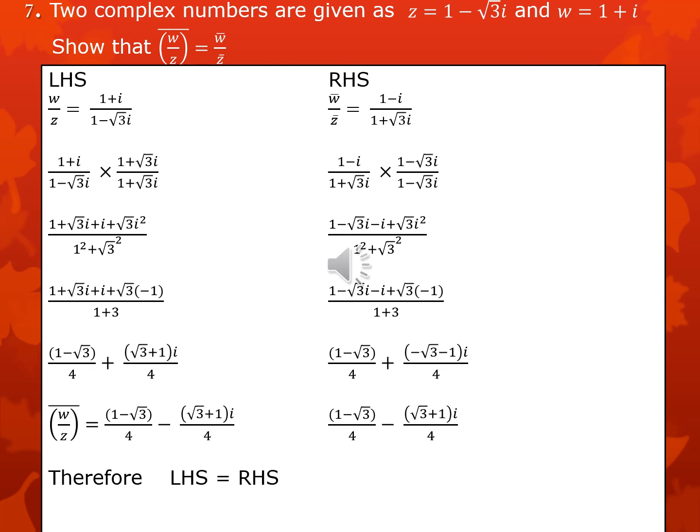In the next step, we have to simplify the numerator by replacing i squared with negative 1. So we have 1 minus root 3i minus i plus root 3 into negative 1, and the denominator gives us 4. Now separating the real and the imaginary part, we get 1 minus root 3 upon 4 plus negative root 3 minus 1 upon 4i.